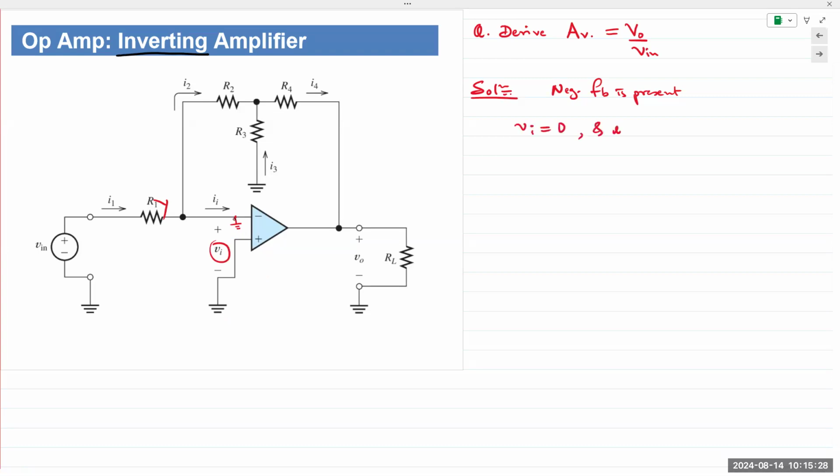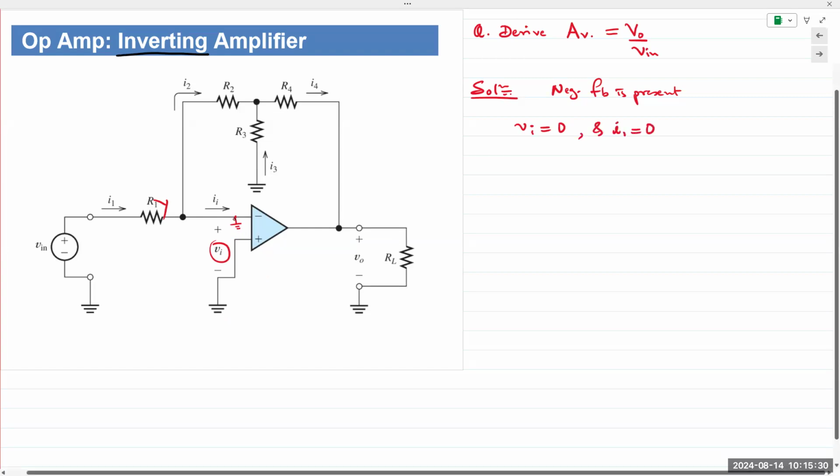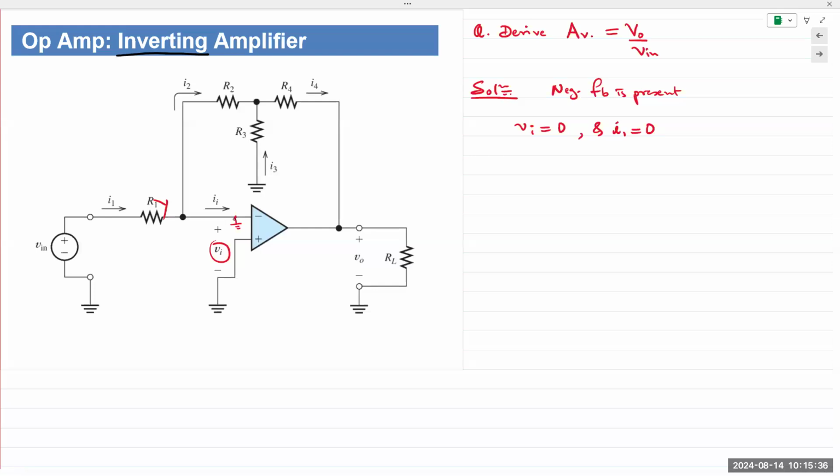At the same time, we can say II is also equal to 0. So the differential input voltage into the op amp is 0, and the input current into the inverting terminal is also 0. Those conditions are satisfied.